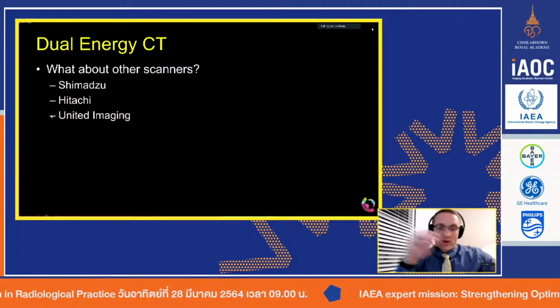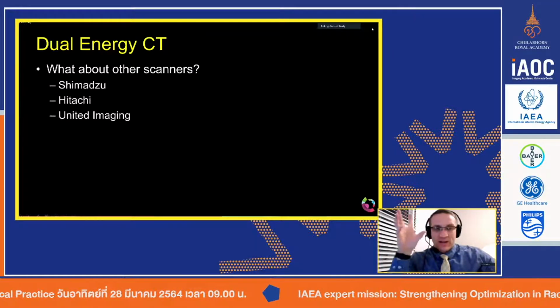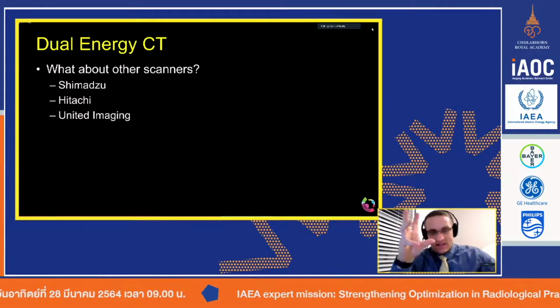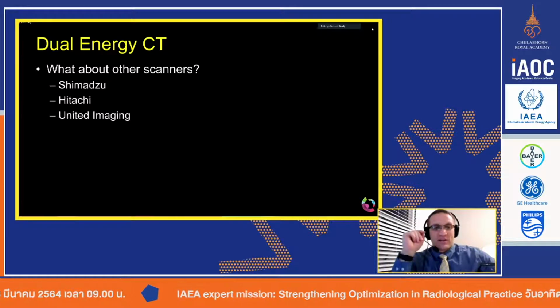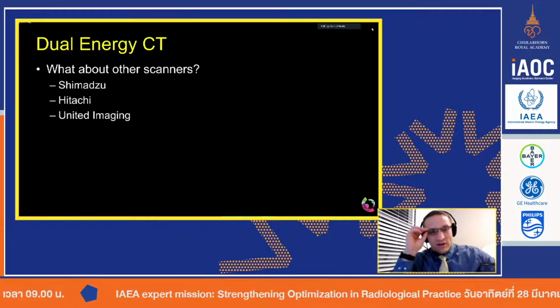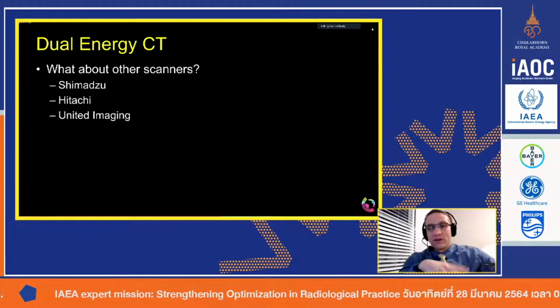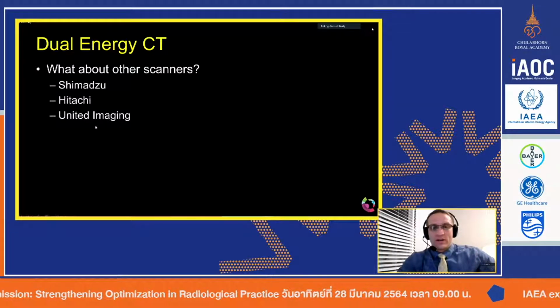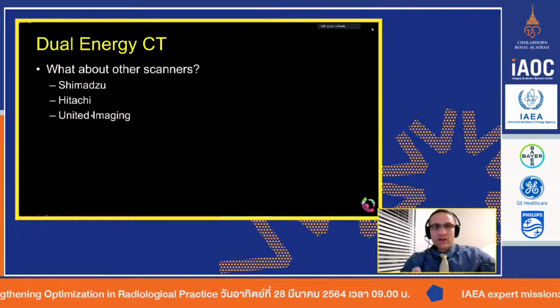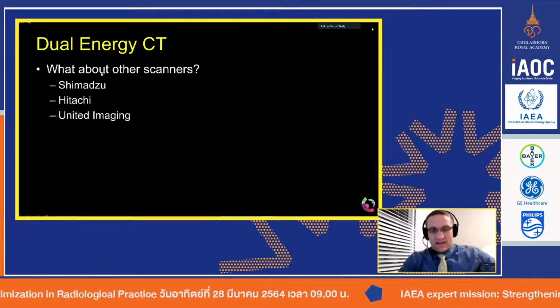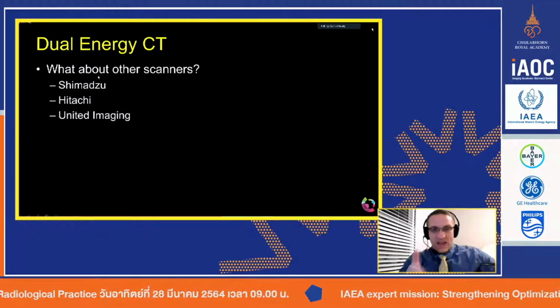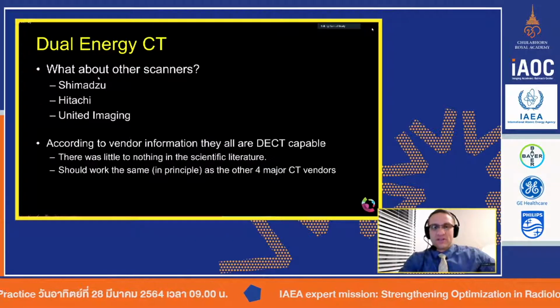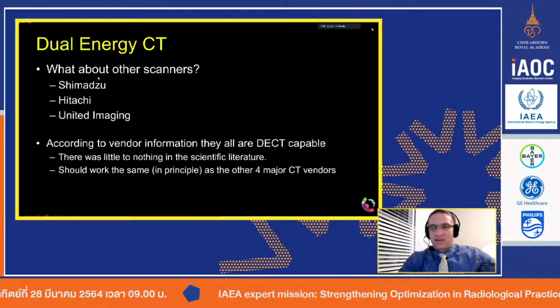And I went out and I actually spent a couple of hours digging and digging and digging, trying to find all the information I can on these 3 scanners. These are not very typical here in the US. You probably see them a little bit more over in the Indochina, Asia area. That said, they all said they can do dual energy imaging, but there's really nothing in the literature.